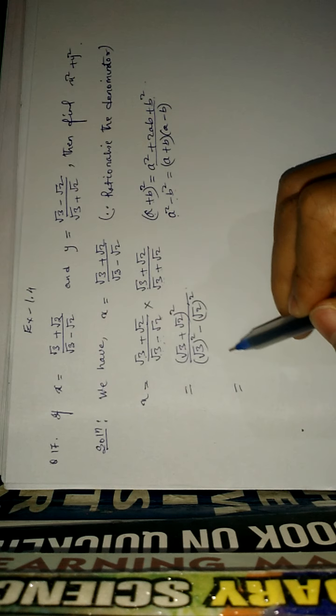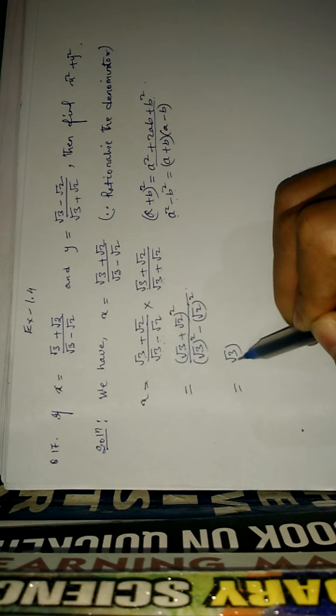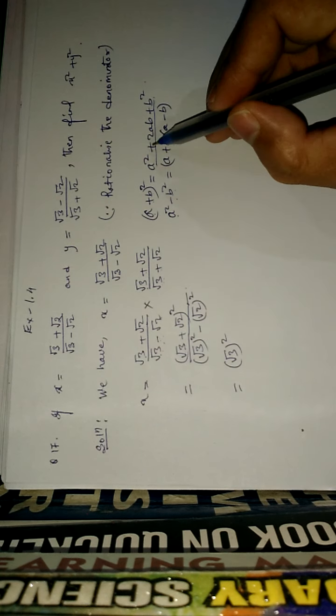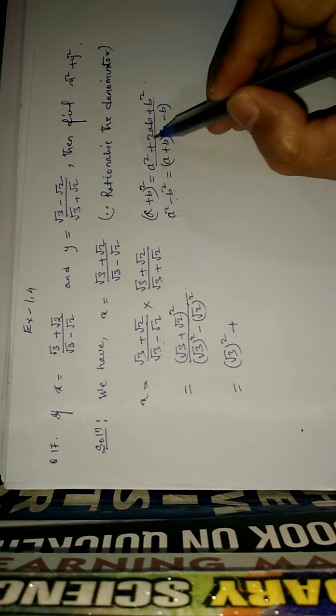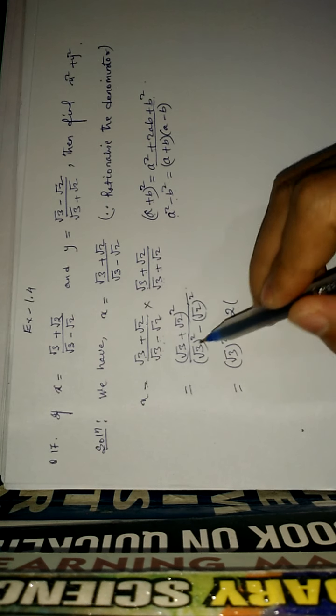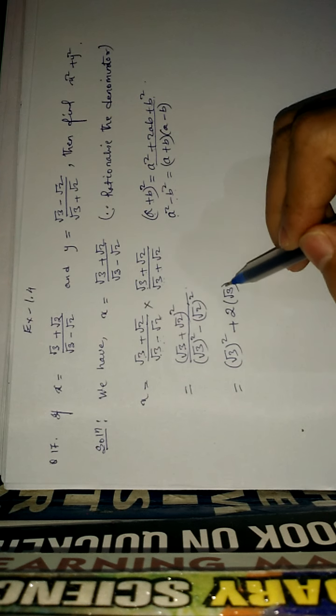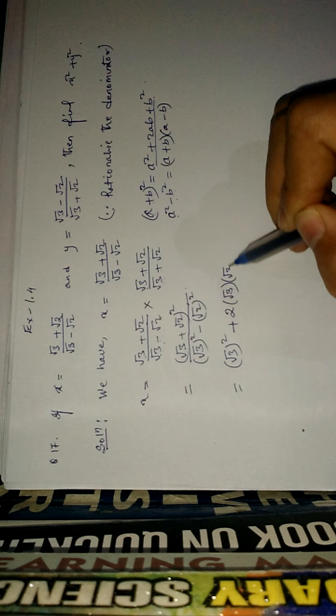Here a is root 3, since it is a square, we will put root 3 square plus 2ab means 2 multiply a is root 3 multiply b, it means 2, since our b is root 2 in this case.